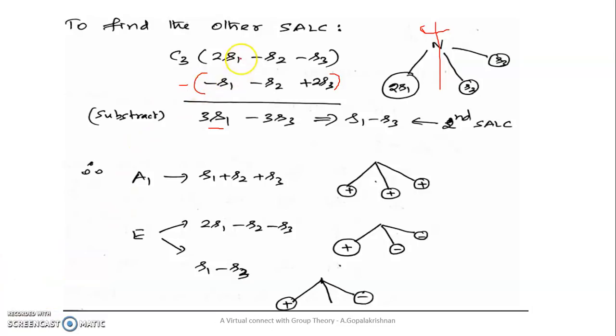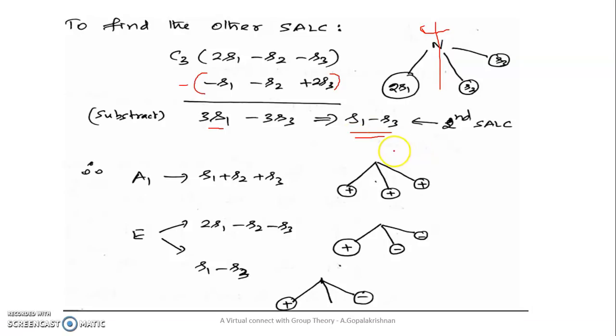So this becomes 3s1 minus s2, and this is plus s2, they cancel. Here minus s3, and this becomes minus 2s3, so the total is minus 3s3. So you take 3 as common and remove the constant, you will get s1 minus s3. So s1 minus s3 is the other SALC present in the representation E.